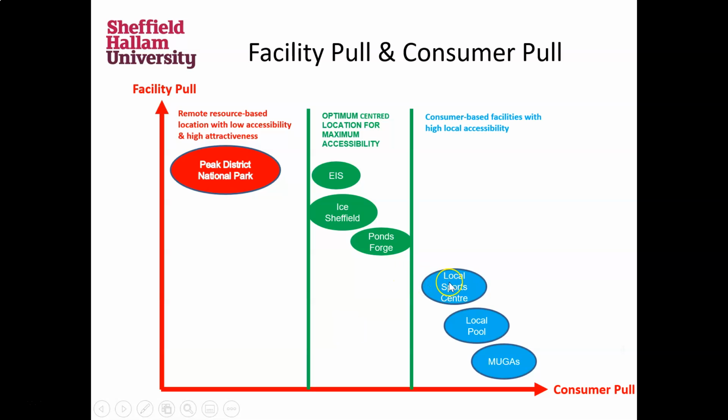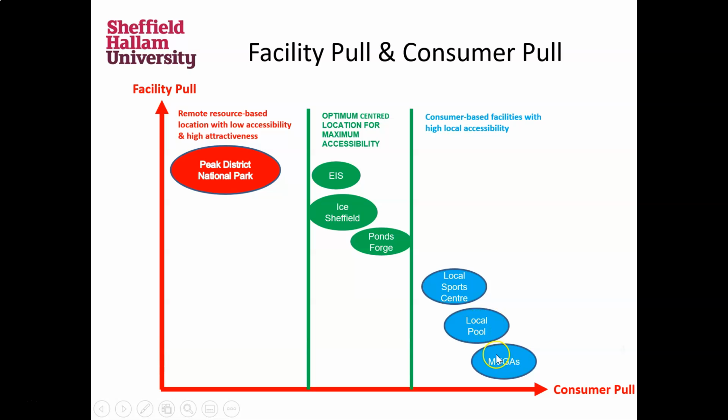So what we can see here is that a mixed sports centre with a wide range of facility options is higher up this facility pull axis than a local pool, which is a single type provision with a lower facility pull.